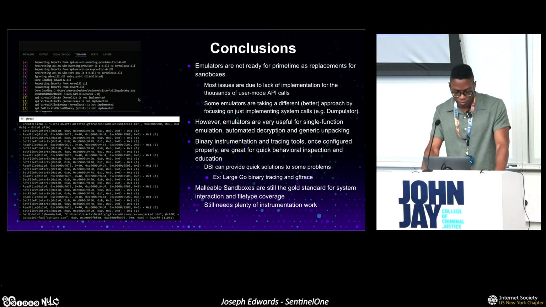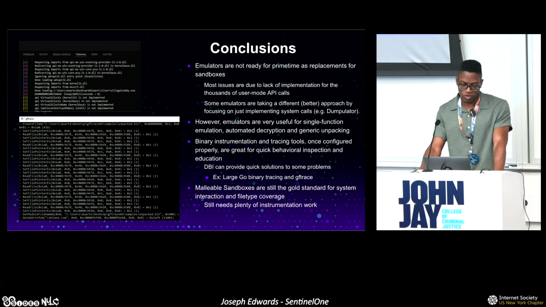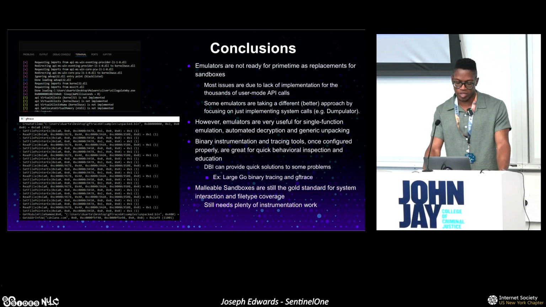VirtualAllocEx calls down to one of the syscalls, ZwAllocateVirtualMemory. None of these are implemented by default in Qiling, so you can't see the arguments, and it's not going to emulate fully and properly.